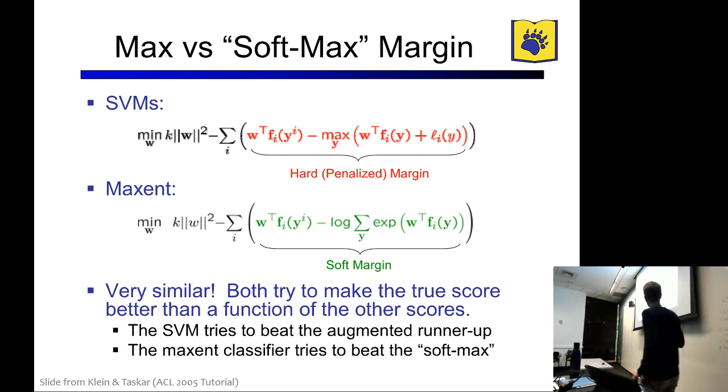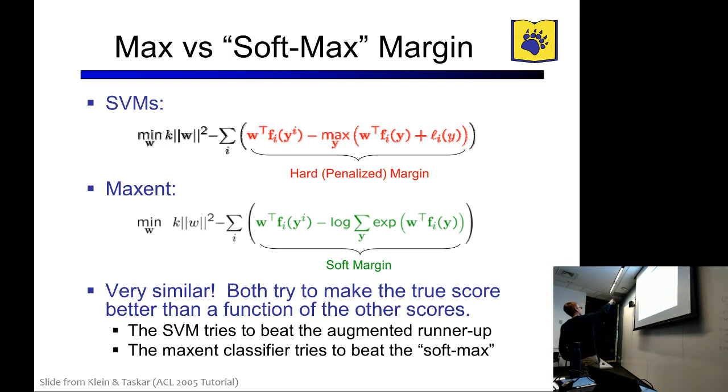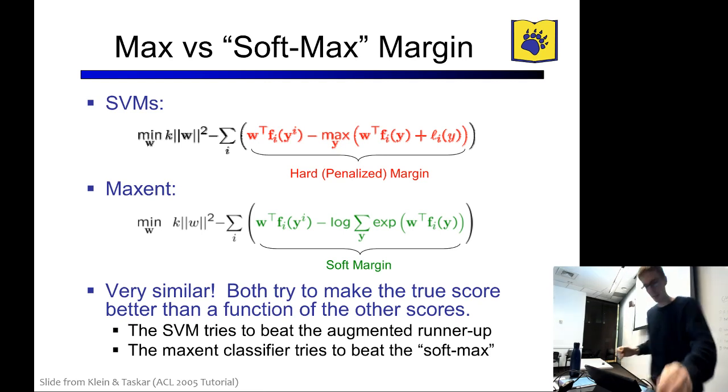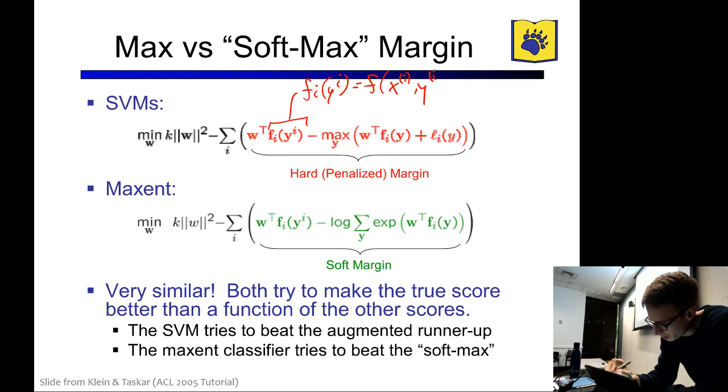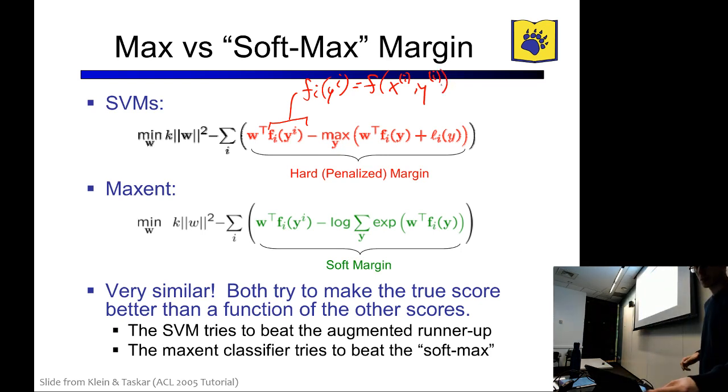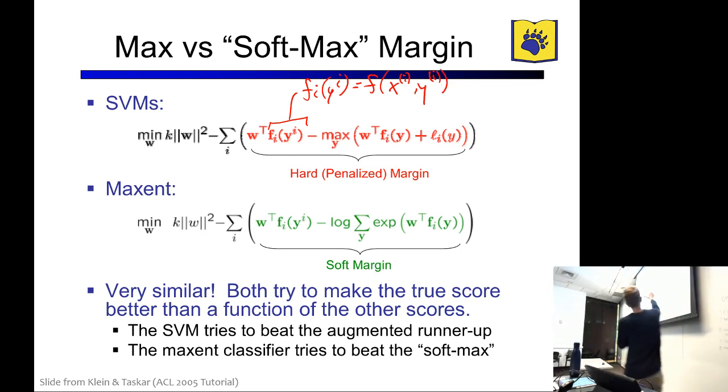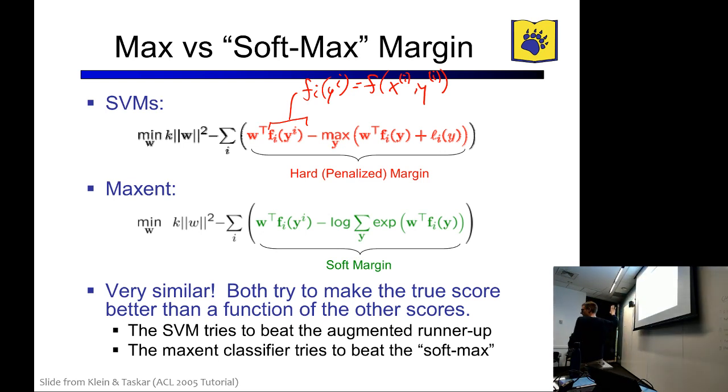So what we're looking at are essentially the same sort of setup as before, except now you could think of this fi function, fi of yi, as equal to some feature function applied to xi and yi. This just keeps things a little more compact in this notation, so we don't have to write out all of the x's.